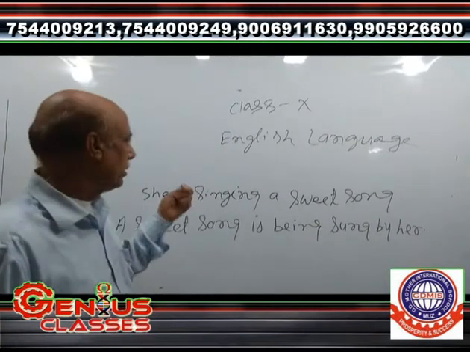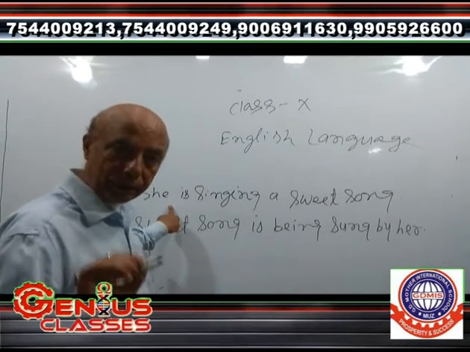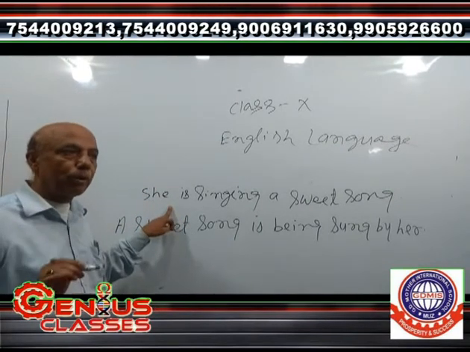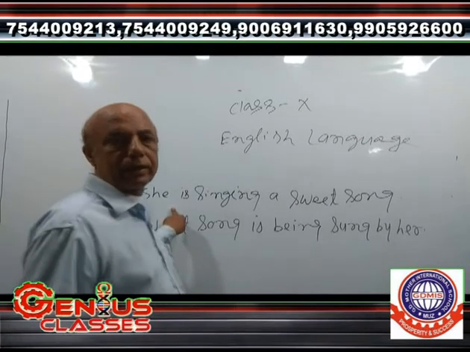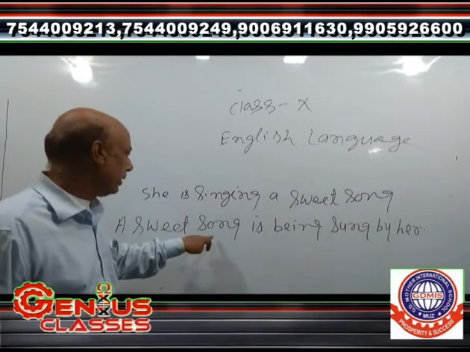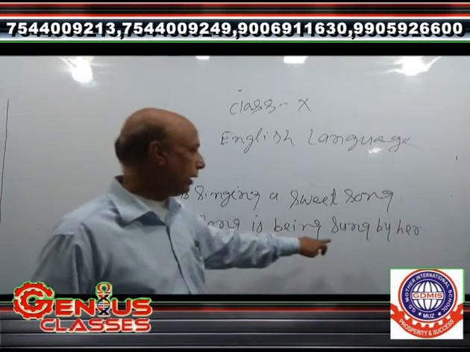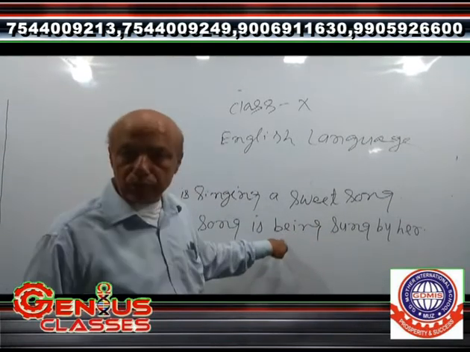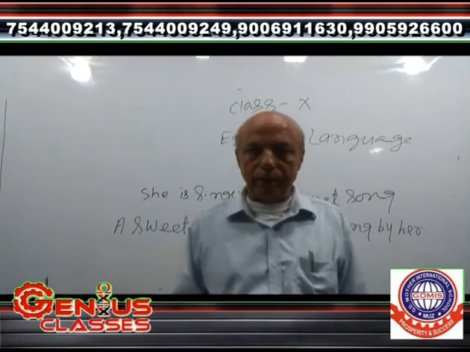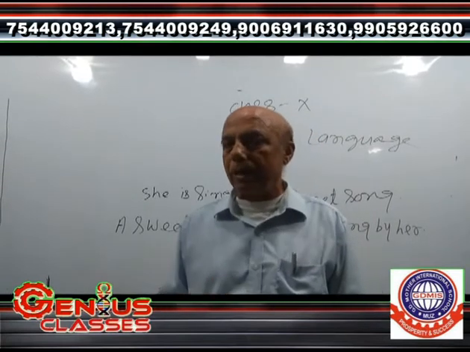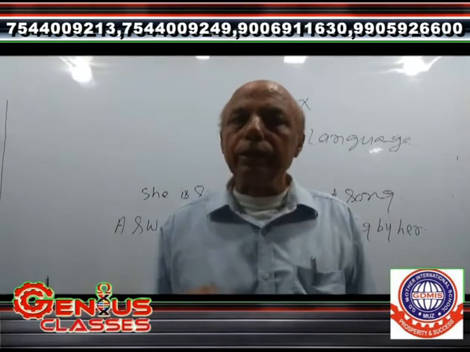This sentence is in present continuous tense, present imperfect tense. Whenever we change from active into passive in present continuous tense, in that condition being is used between the auxiliary verb and the main verb. So, dear students, it should be in our mind: whenever we change from active into passive in present continuous tense, being is used.